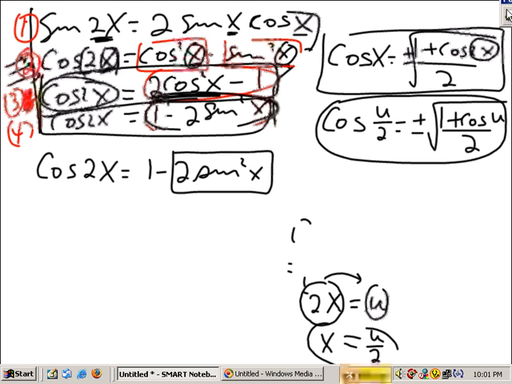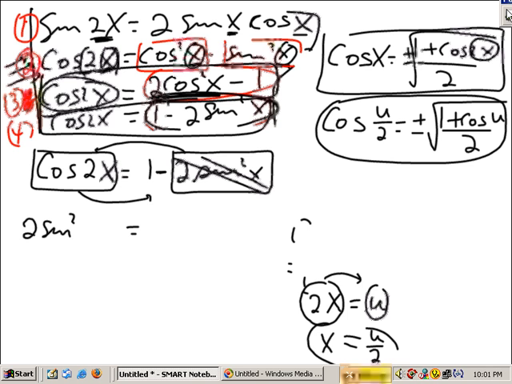So let me solve for 2 sine squared x. Since it's negative in front, let me bring it to the left. And since I only want 2 sine squared on the left, I'm going to bring this to the right. So when I deal with the 2 sine squared x, since it's negative on the right side of the equal sign, when I bring it to the left, it becomes plus 2 sine squared x. The 1 is on the right side, it's going to stay on the right side.